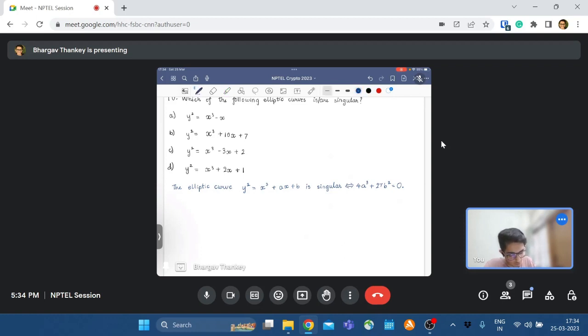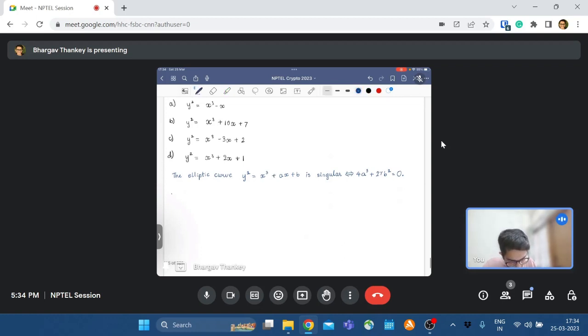In option A, a is -1 and b is 0, so 4a cube plus 27b square is equal to -4, which is non-zero. So A is not singular.